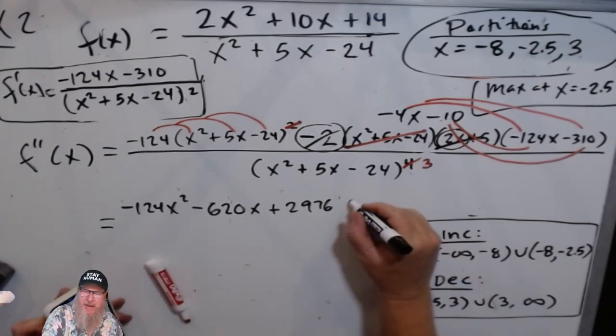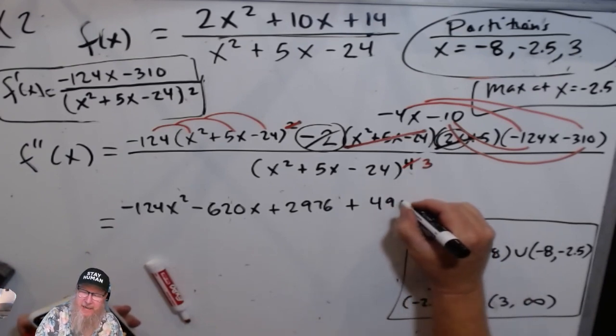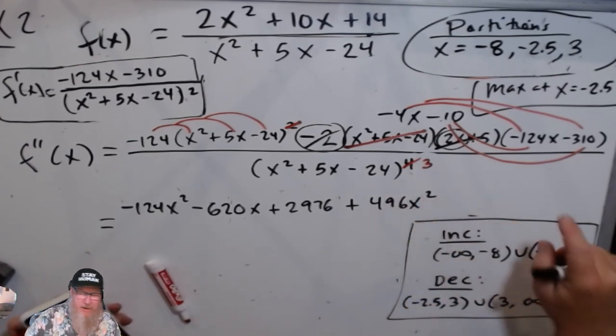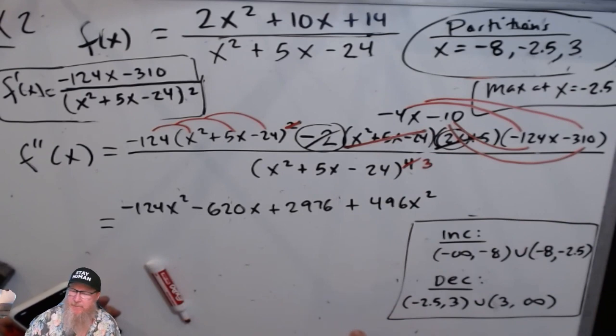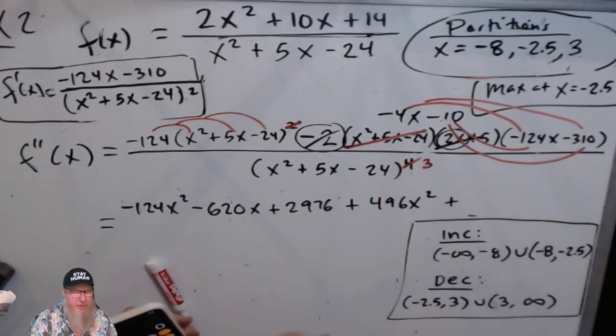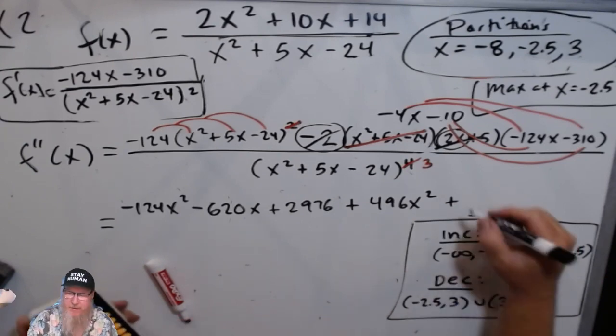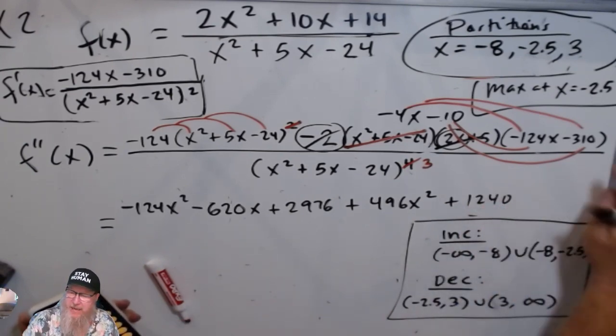So I've got positive 124 times 4. That's 496x squared. I've got positive 310 times 4. That's 1240x.